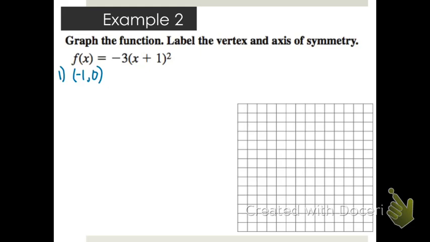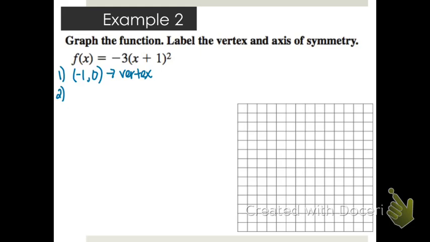That's my vertex. Second step, and again, let's make sure that we graph the vertex first.